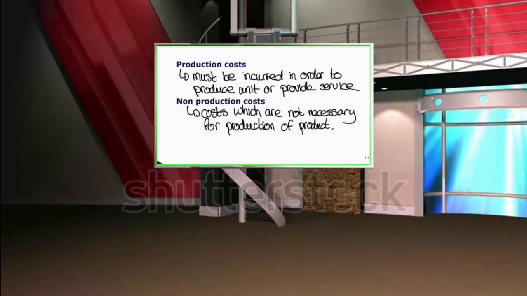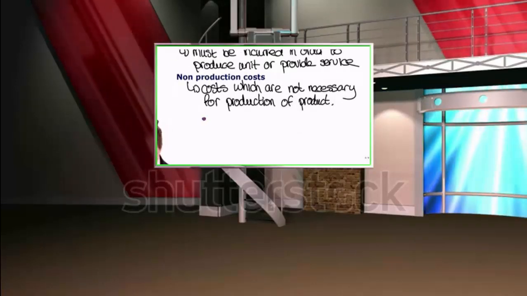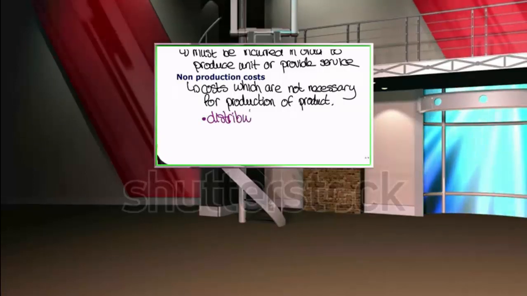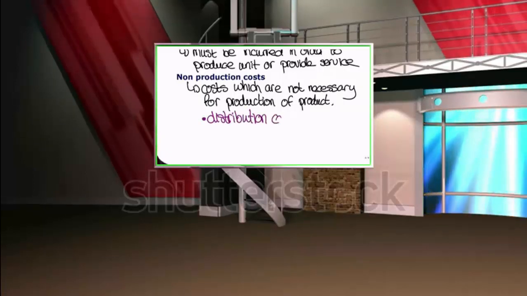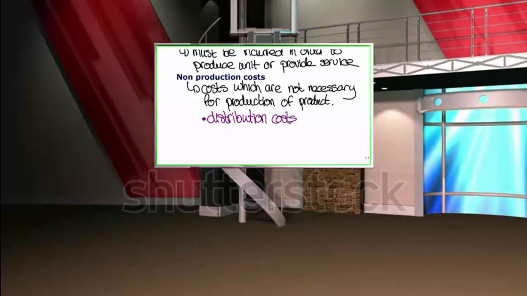So our non-production costs will include our distribution costs, so we don't have to spend money on delivering our units just to produce them.